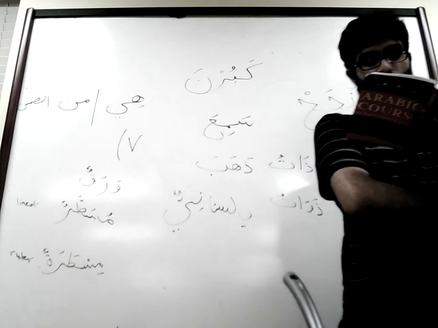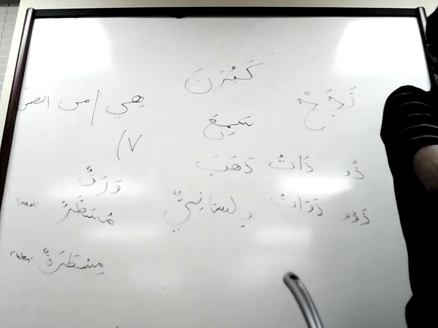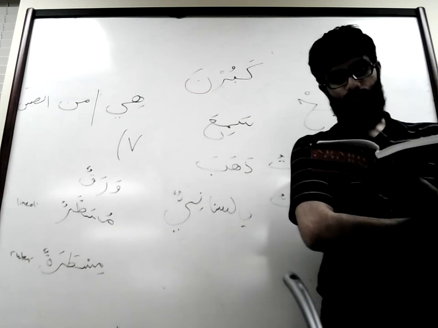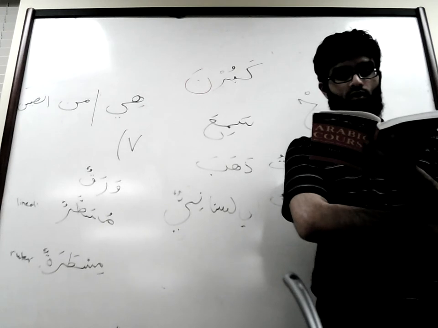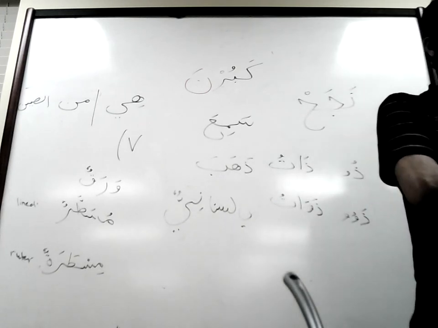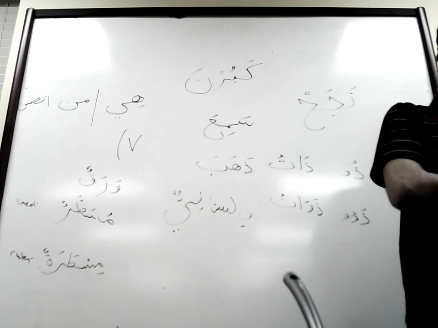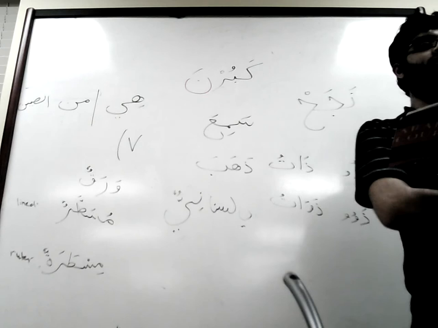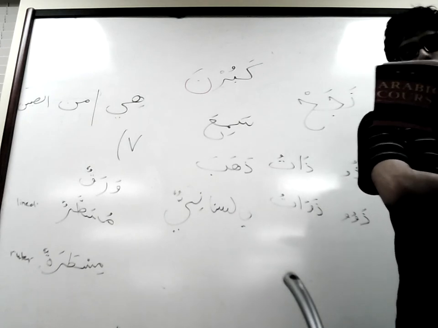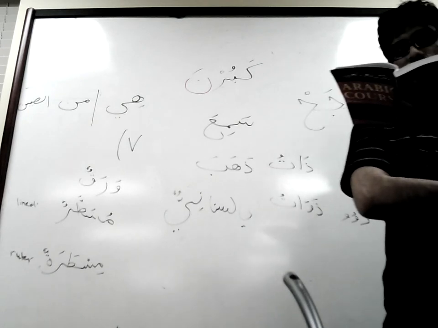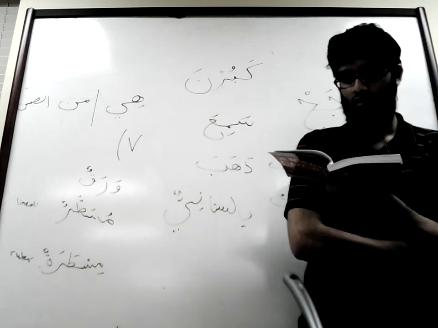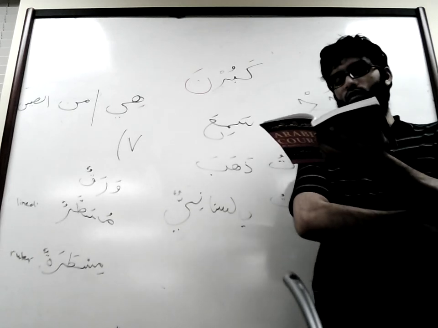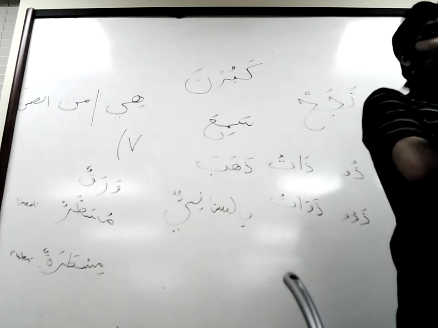هذا القميص ذو كم قصير، وذاك ذو كم طويل. Okay. What does that mean? What's qamis? This is shirt. Dhu just means has. This shirt has... what's kum?